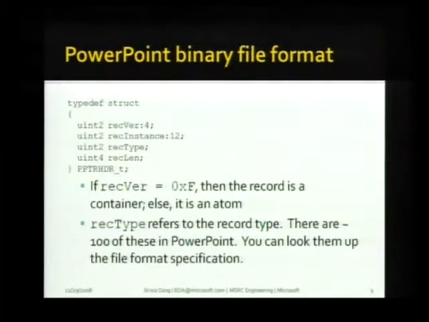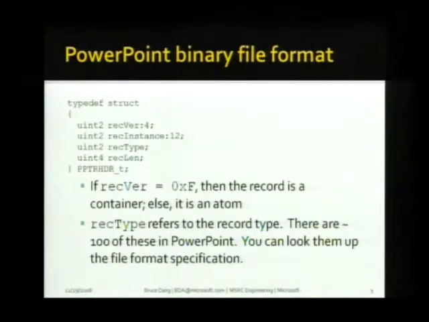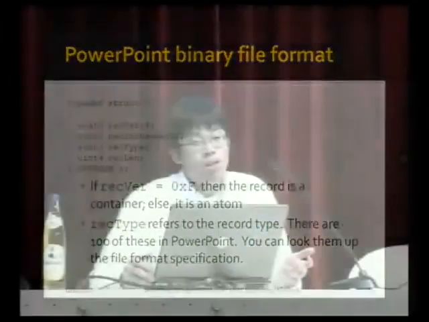It's a very small structure, and you figure out whether a record is a container or an atom based on rec version. If it's equal to 0xF, then the record is a container; anything else is an atom. The record type refers to the PowerPoint-specific record types, which are the records we document in the file format spec that we released.